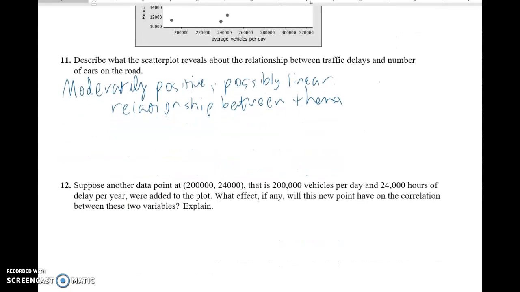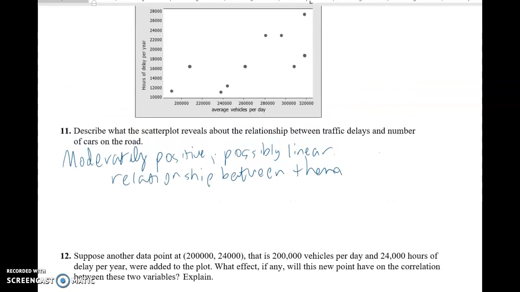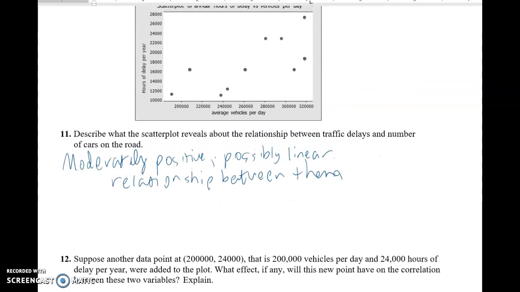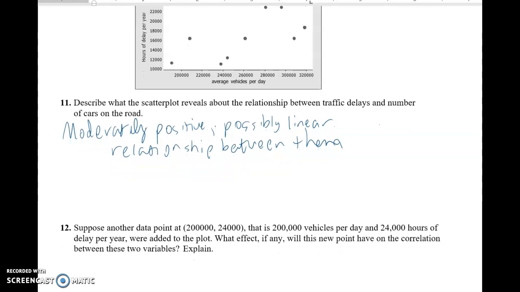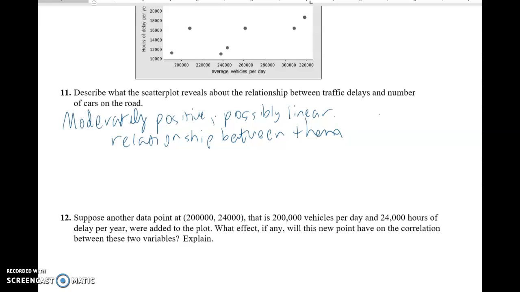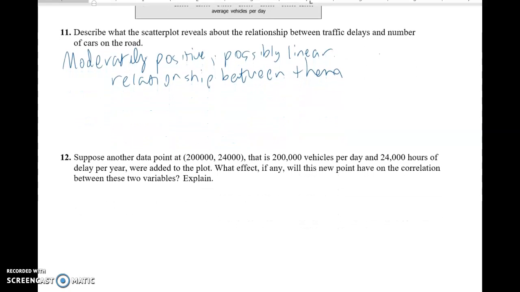Alright. Now if we added another data point at 200,000, 24,000, that would be up here. Now that's a vertical outlier, which means that it probably won't affect the slope too much. It might flatten it out a little bit. It will decrease the correlation though, okay?